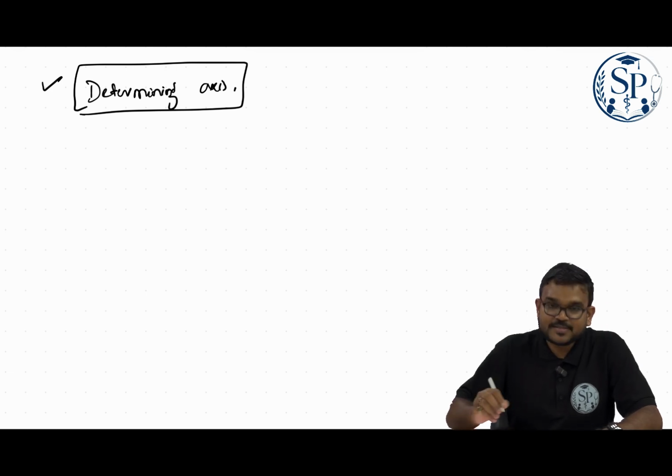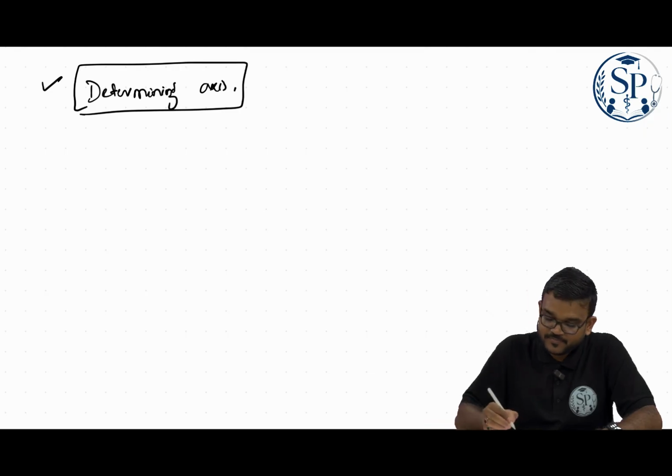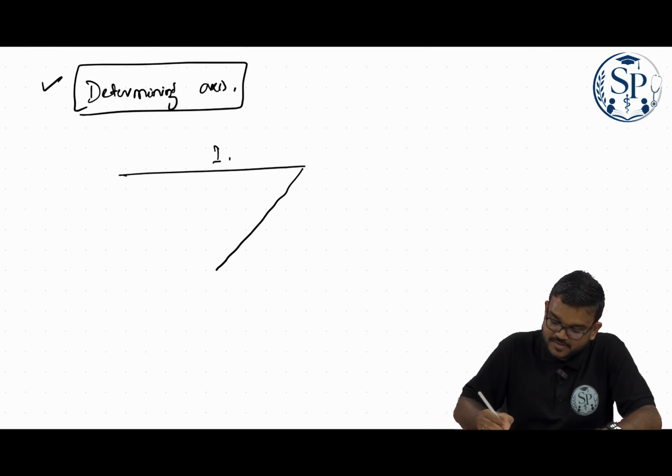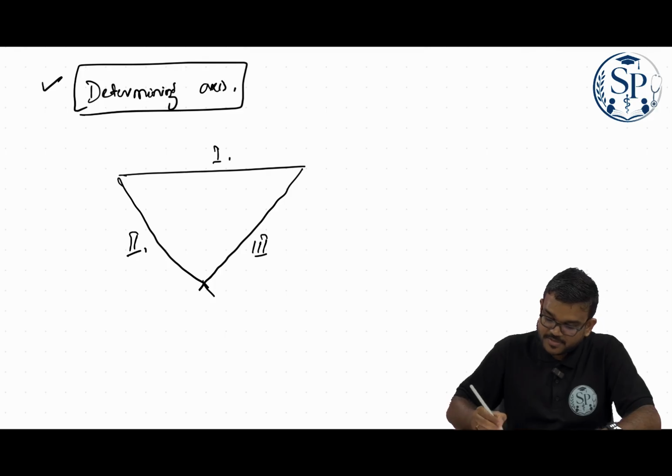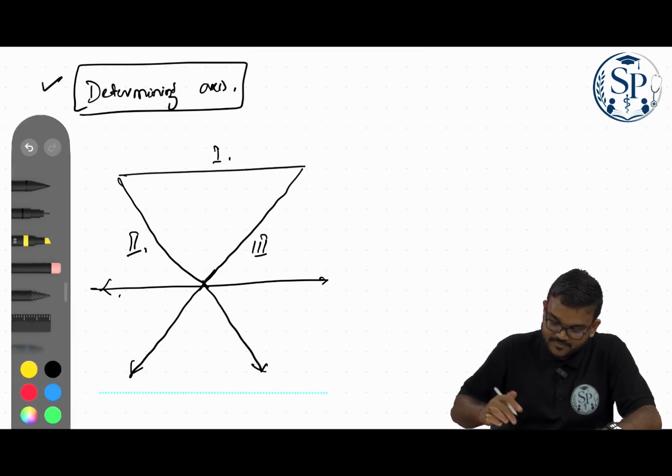Now, determining axis, we have to extrapolate the Einthoven's triangle. This is lead 1, this is lead 3, this is lead 2. If we extrapolate the different leads, then accordingly the hexaxial system comes into play. Now erase everything.